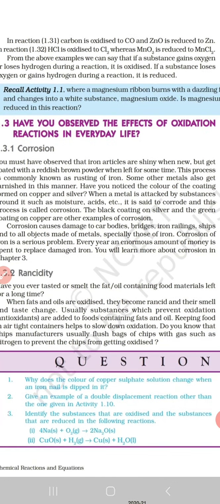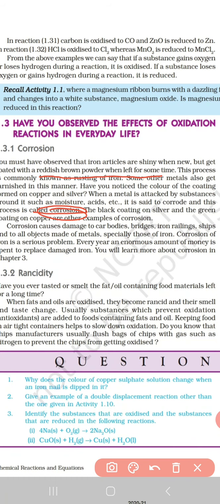Like iron changes its color and we get a reddish brown color. That is nothing but the iron metal or any object of iron is corroded, and such a reaction is called corrosion. Same in the case of other metals like copper and silver.